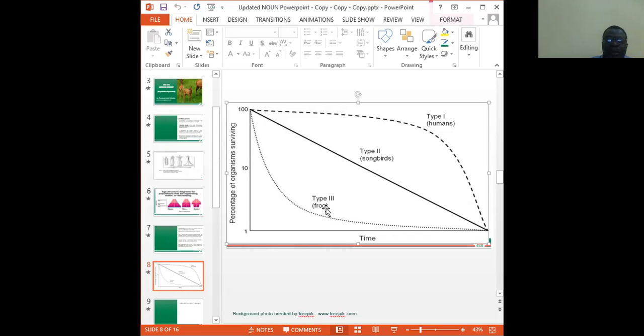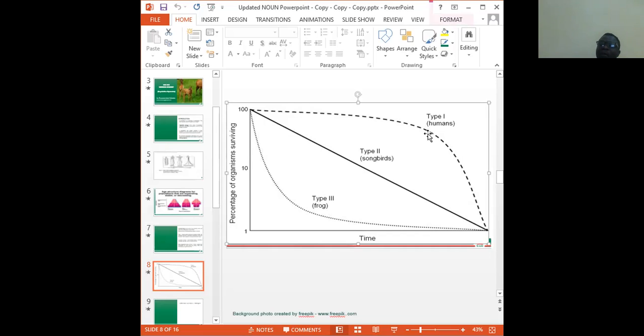Then for humans, even though human babies still die at a relatively high rate, the highest mortality in people occurs later in life, in their post-reproductive years. So that's why the type 1 curve is attributed to humans.